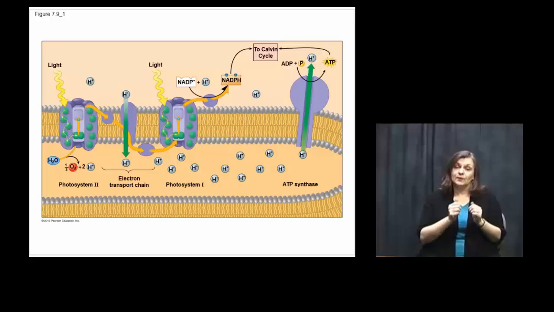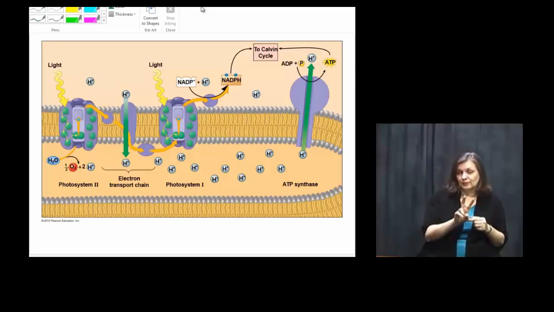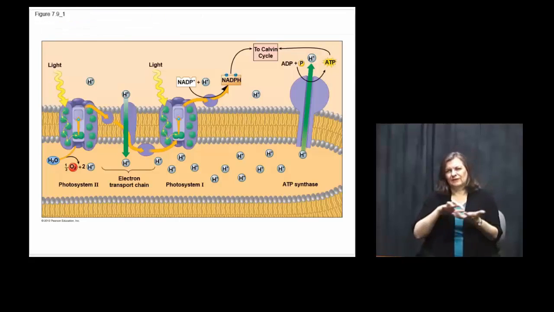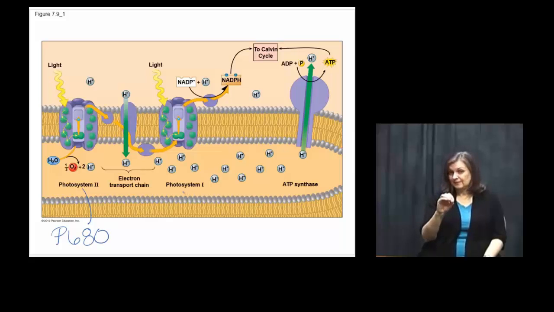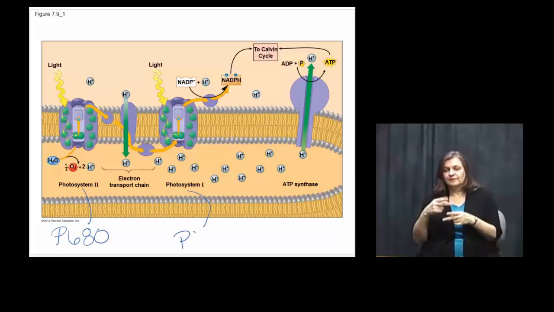We actually start with photosystem 2. This is typically very confusing for folks. The thing that you need to remember is that photosystem 2 is also known as P680. Photosystem 1 is also known as P700.